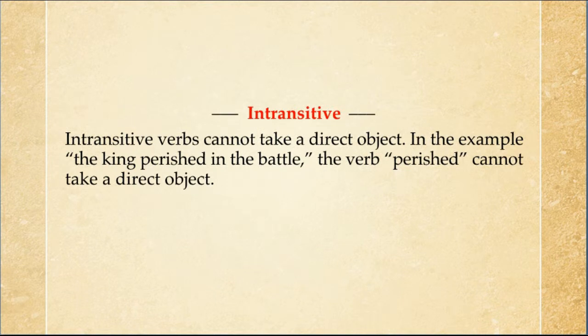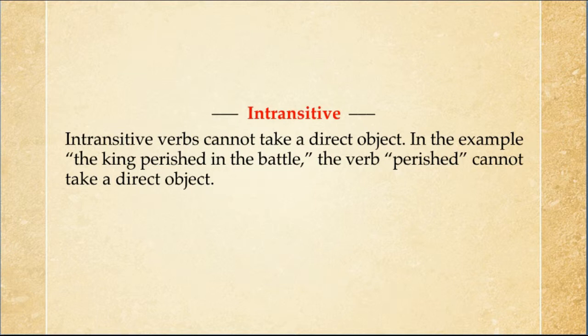There's an example here that the author of the book gives us: the king perished in battle. So the verb is perished, and it cannot take a direct object. It's just stating a fact. The king perished in battle. There's no action that is being referred to a direct object of some sort. So that's intransitive verbs.